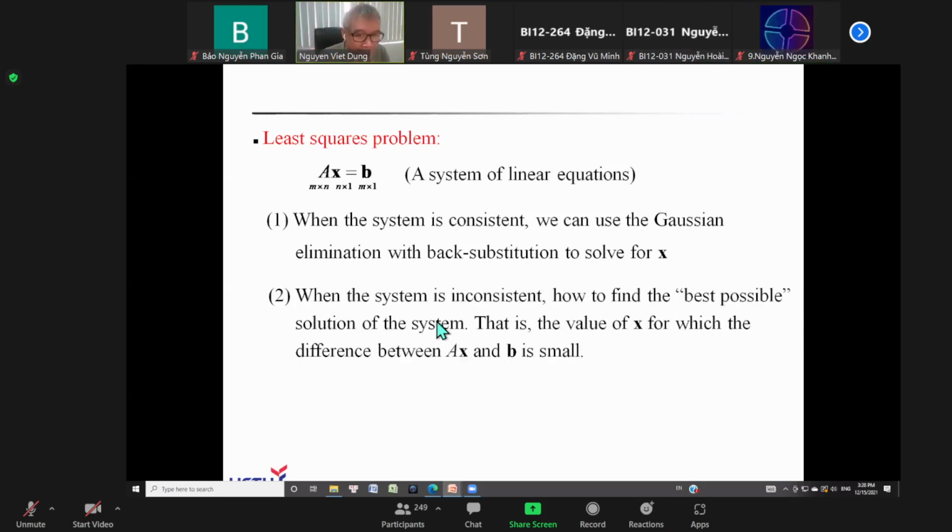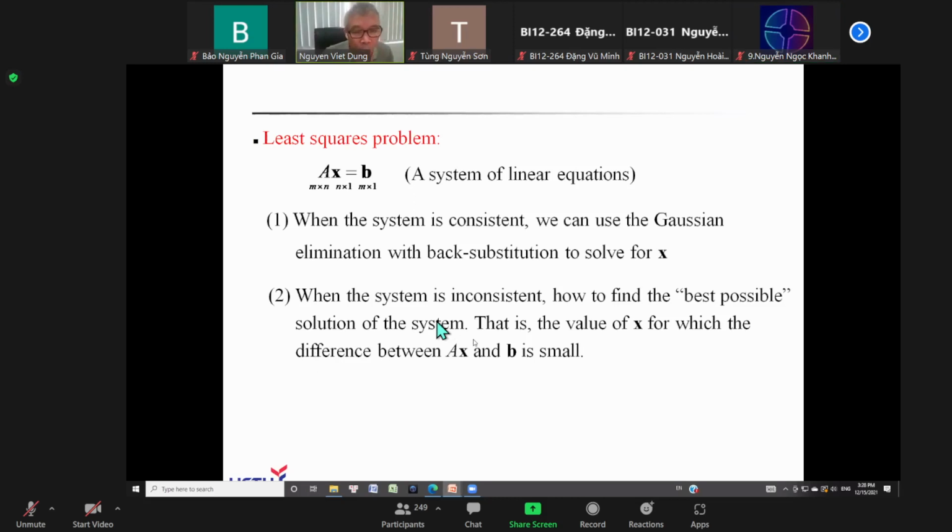But in the case the system is inconsistent, meaning there is no solution for the system, what do we want to do? We want to find what we call the best possible solution of the system.